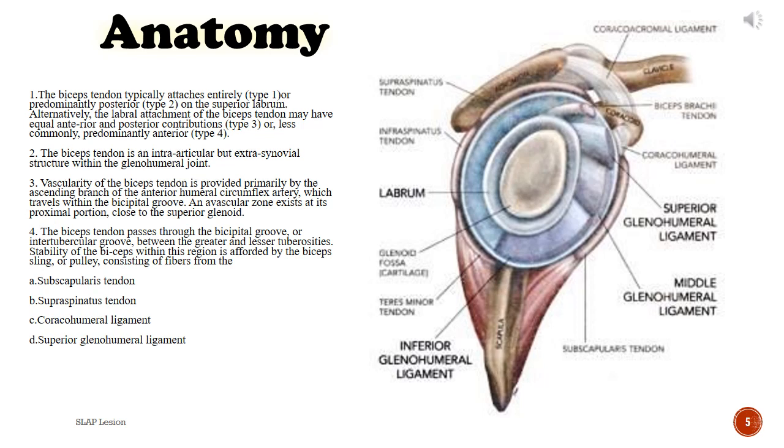Vascularity of the biceps tendon is provided primarily by the ascending branch of the anterior humeral circumflex artery, which travels within the bicipital groove. An avascular zone exists at its proximal portion, close to the superior glenoid. The biceps tendon passes through the bicipital groove, or intertubercular groove, between the greater and lesser tuberosities.